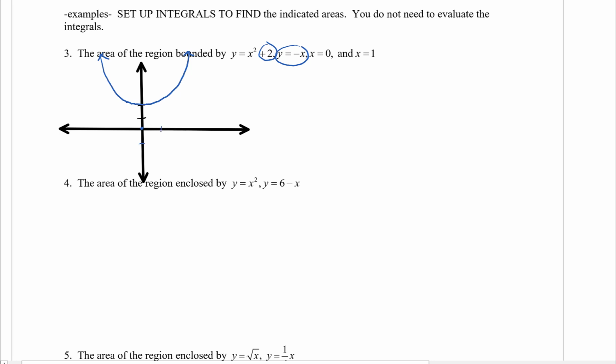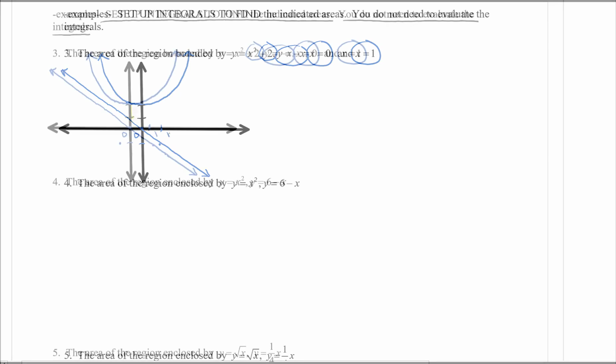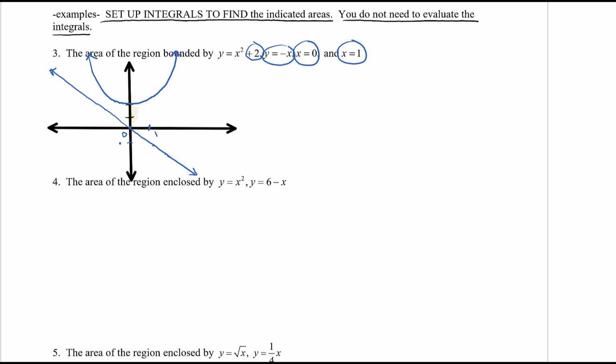And then for y equals negative x, and I've circled that equation, I'm going to draw a line with a negative slope. And the y-intercept of that line is going to be at 0, 0. So I've drawn a point at 0, 0. And I've gone down 1 and over 1 for the slope.